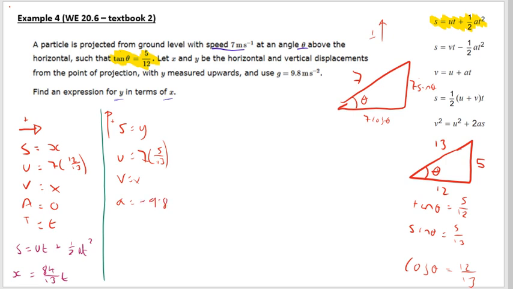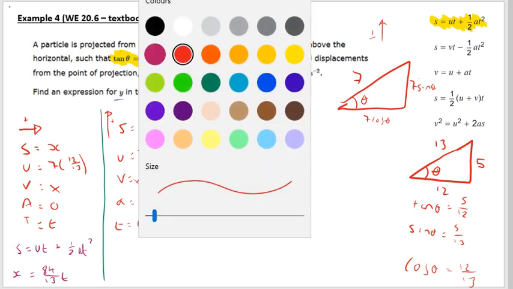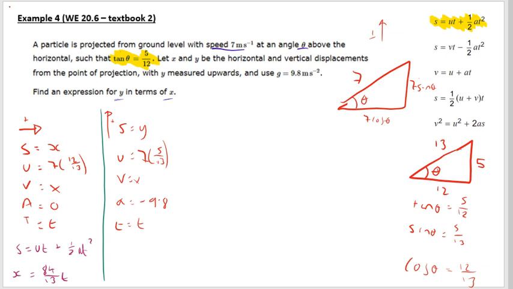I'm not going to use g because it says about the number. T again is going to be the as yet uninterested, so it's just a general time in this question. Again, same formula. This time Y equals 35/13 T, and then a half, so A is 9.8, so minus half of 9.8 T squared.